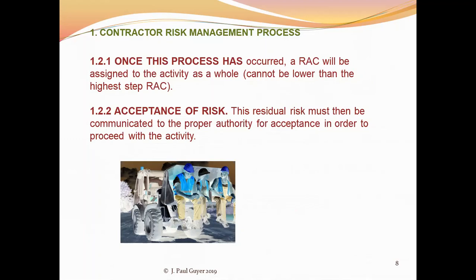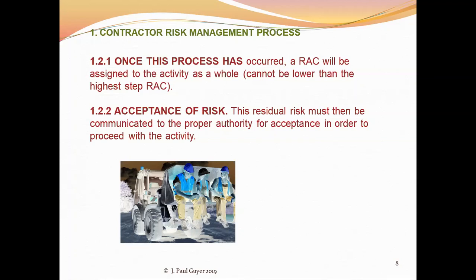And each one of those steps, there are risks associated with it. There is the risk or probability that an accident will occur, and then there is the risk or probability that the injury will be serious or not so serious.